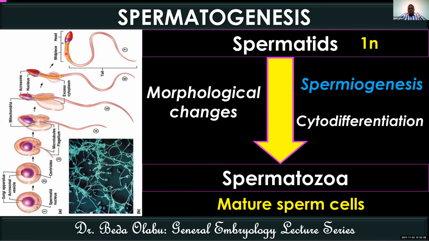And you ask yourself why, and the answer is maybe it has not fully undergone the maturation process, especially the functional maturation process. So morphologically, the cell is mature, but functionally, the cell may not be fully mature, and so it may not be ready for fertilization at this point.